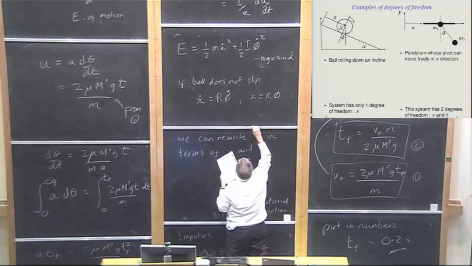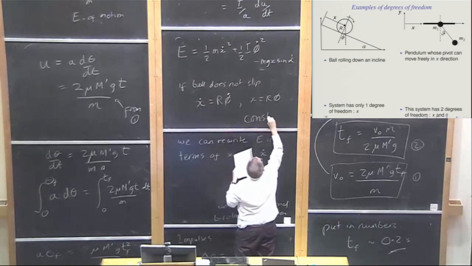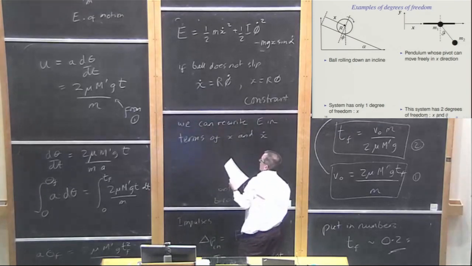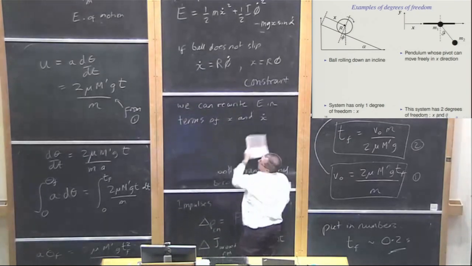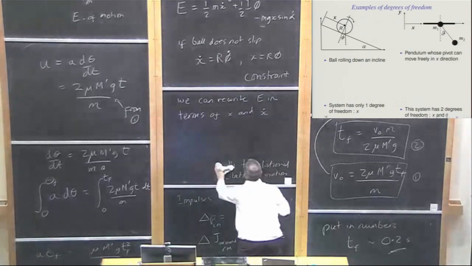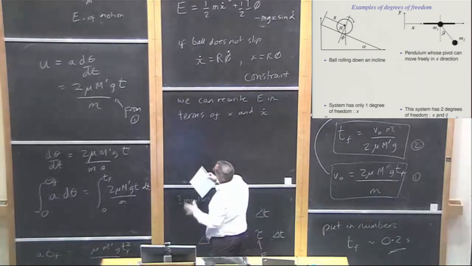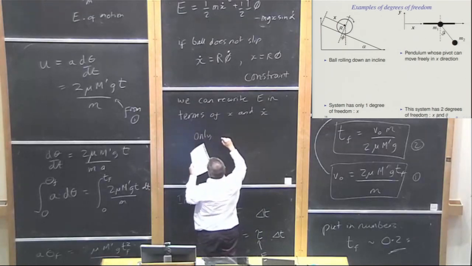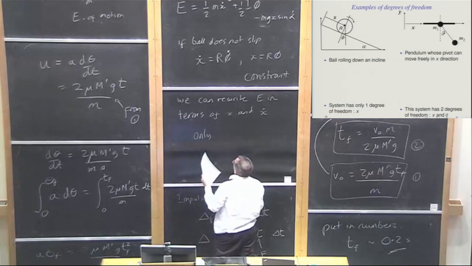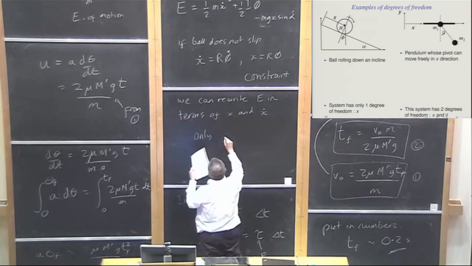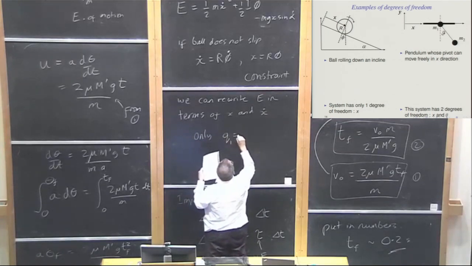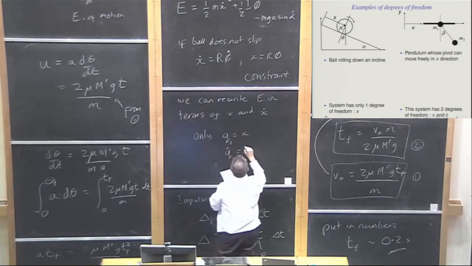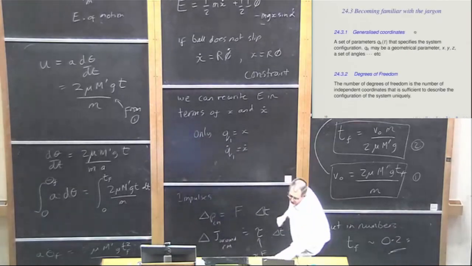And this is a constraint. So if we do this, and I'll let you write that expression in terms of x and x prime, we have now only one generalized coordinate, so we call this q1, which is equal to x, and we'll have a derivative which is q1 prime, which is x prime.